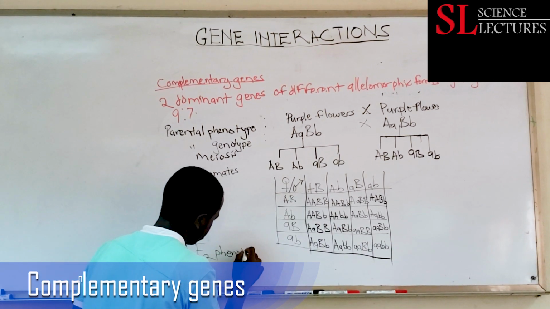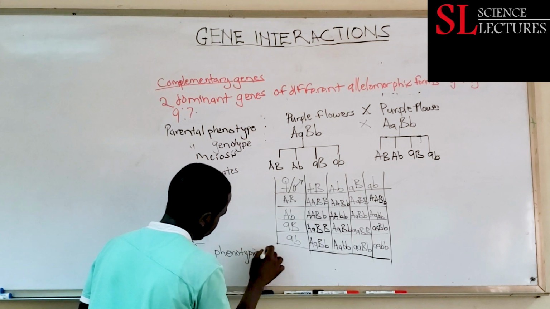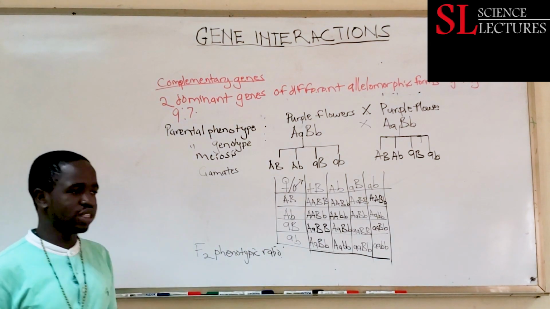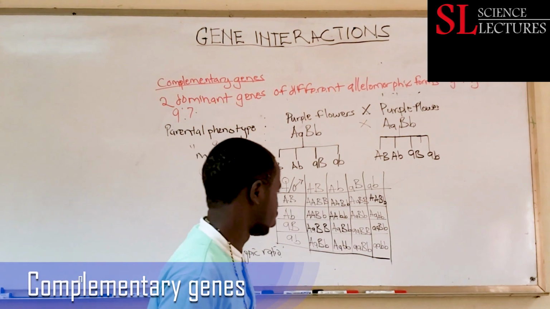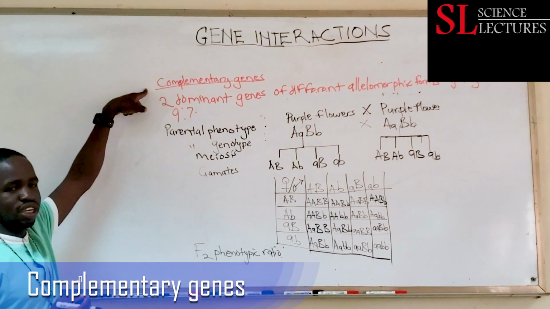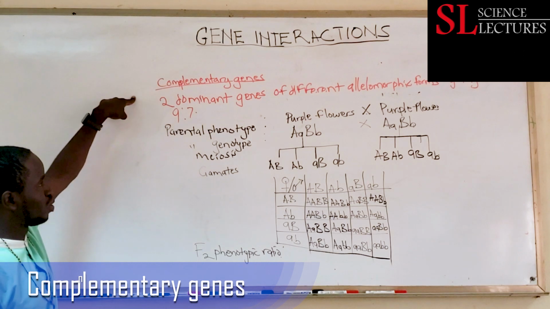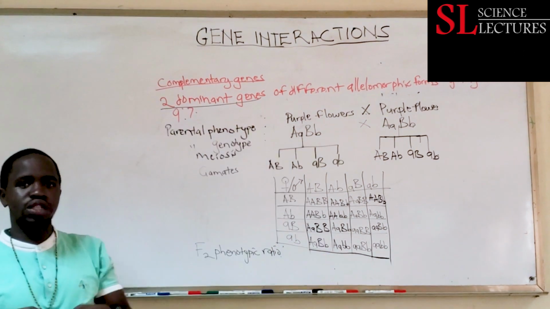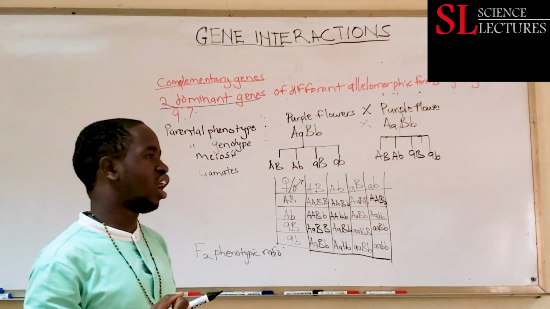Phenotypic ratio. So we say the phenotypic ratio is the number of expected phenotypes from a cross. Remember, we are dealing with complementary genes, and we say in complementary genes we are supposed to have 2 dominant genes to obtain a specific character.